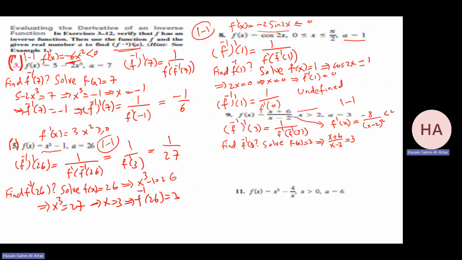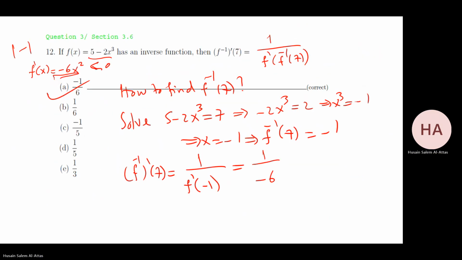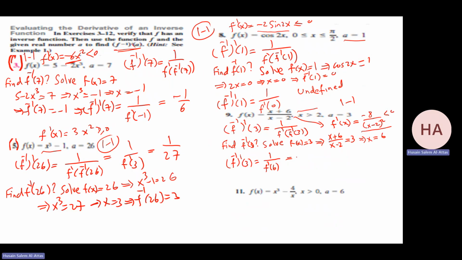Which is clear. 6 will be 12 over 4, which is 3. So I have x equals 6. So f inverse prime at 3 will be 1 over f prime at 6. And what is f prime? This is f prime. And that will be what? Minus 2. Check the calculation, you can do it.